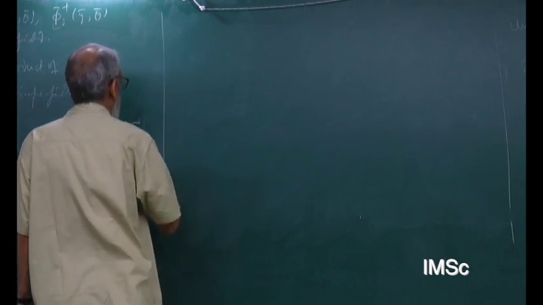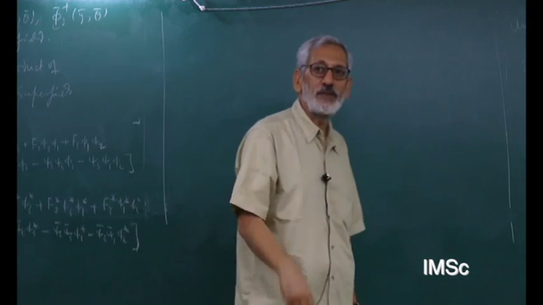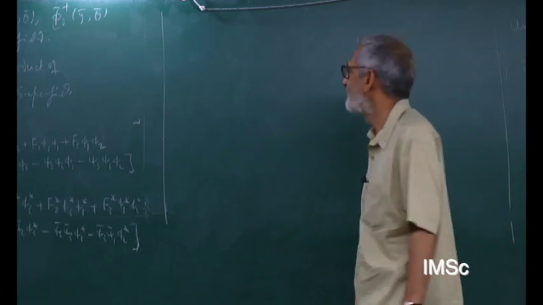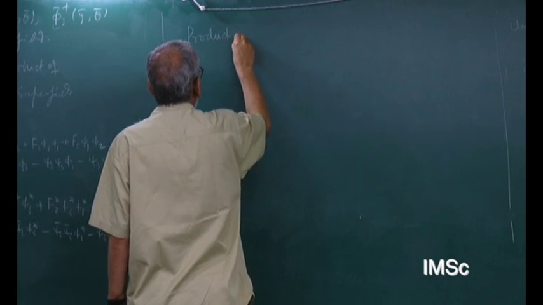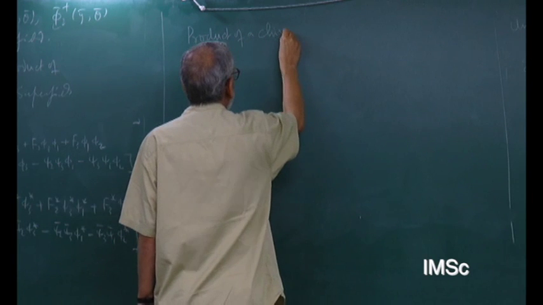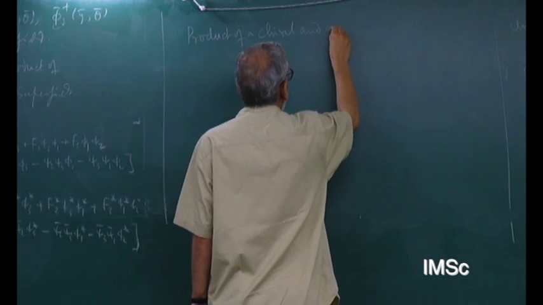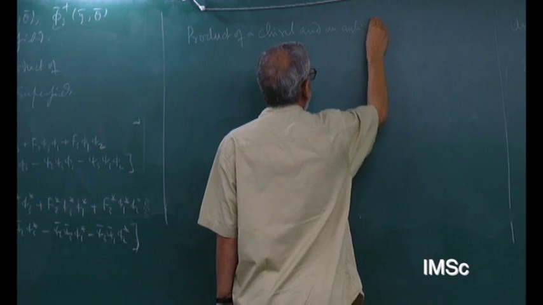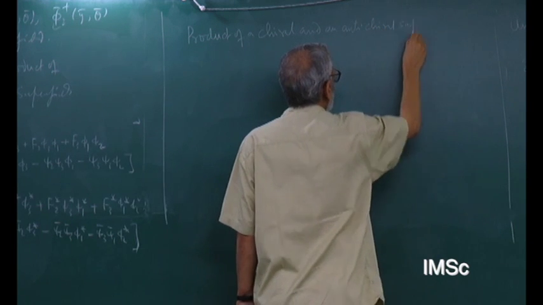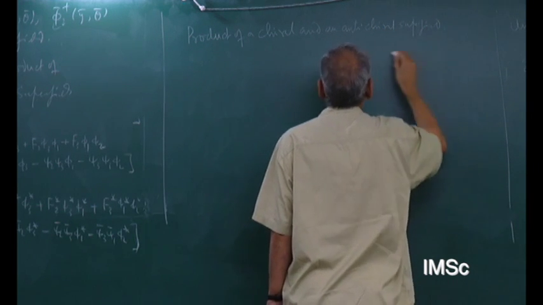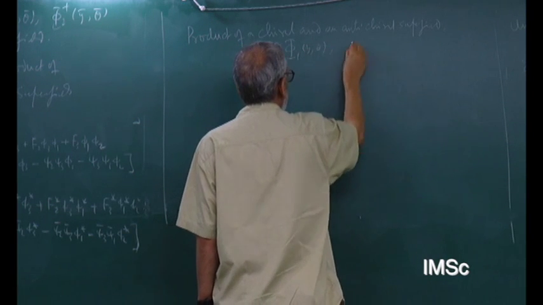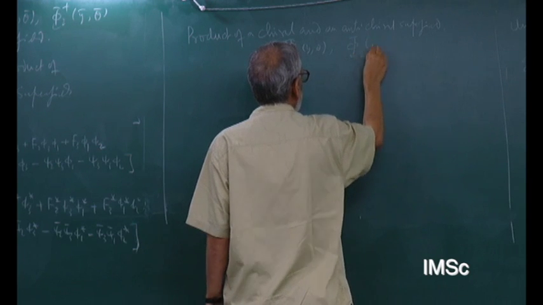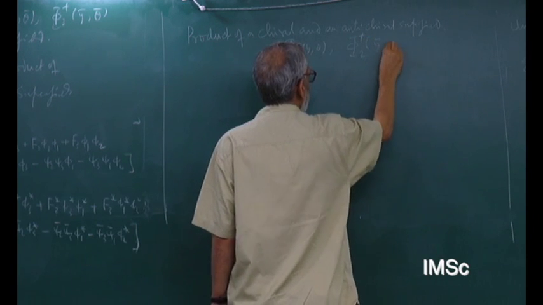Now this was a product of chiral superfields. Now what about a product of a chiral and an anti-chiral superfield? So you take phi 1 of y theta and phi 2 dagger of y bar theta bar.